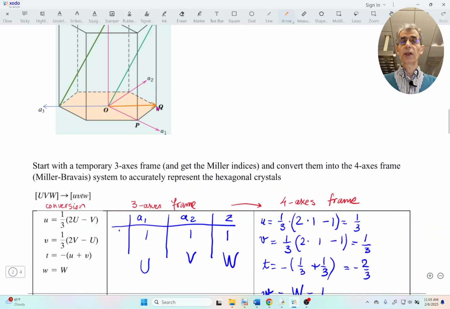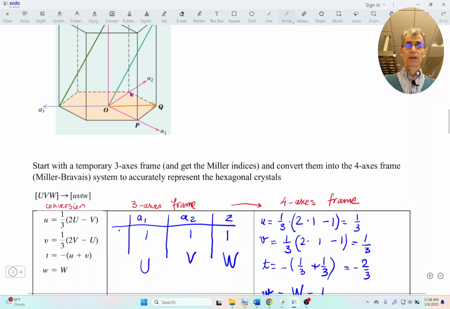We take a line that is parallel with A2, and when we drop it here we can see that it's exactly 1a, which is the side of the equilateral hexagon. So if we divide by a, 1a divided by a gives 1 for A1. Then again we do the same thing: we take a parallel to this A1 and drop the tip all the way to A2, and we obtain the same 1a here, which divided by a is 1.